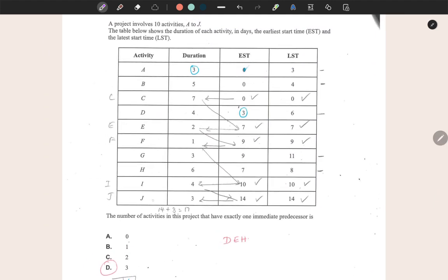So obviously J is the last activity, and so 14 plus 3, 17 would have been the minimum completion time. So now let's find 2 numbers that add to give you 14, which is 10 plus 4. And now 2 values that add to give you 10, which is 9 and 10.